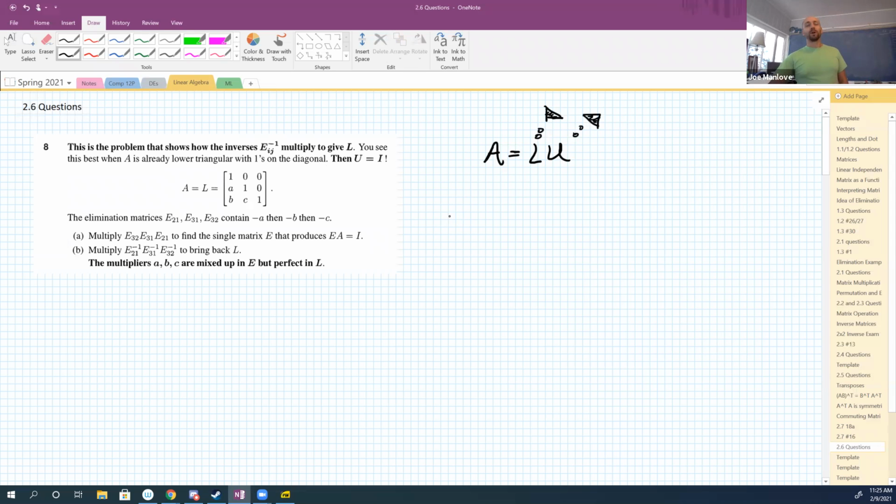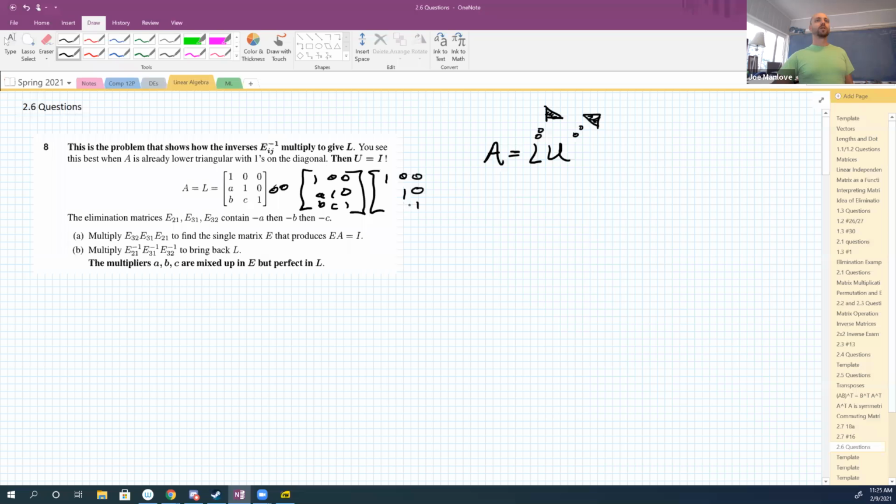This is probably not particularly surprising if you think about the way elimination works, right? If I think about what they're pantomiming here, they're saying, look, A is a lower triangular matrix already, right? And so if I wanted to rewrite this as a lower triangular matrix times an upper triangular matrix, I could rewrite it as my lower triangular matrix just times the identity matrix.